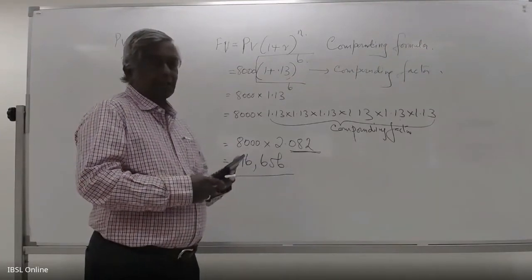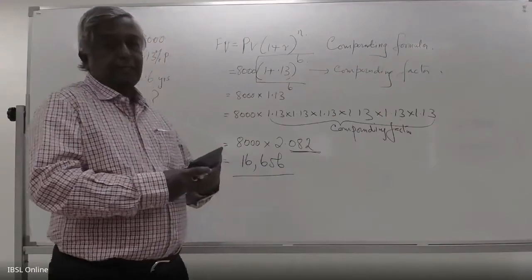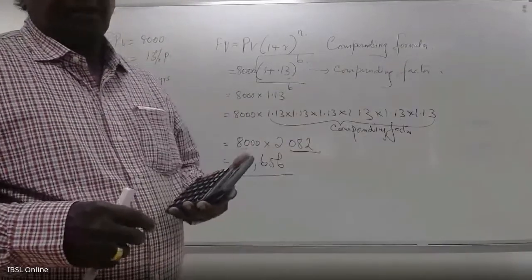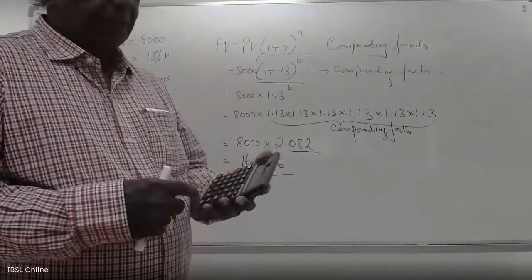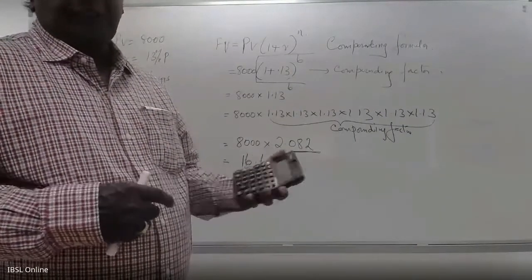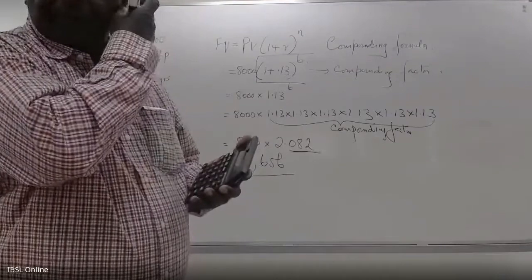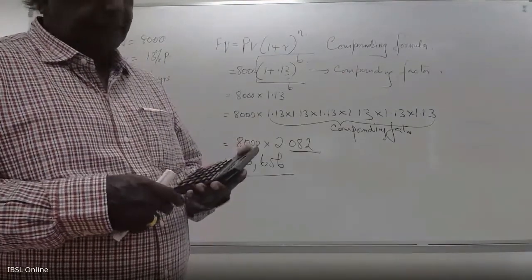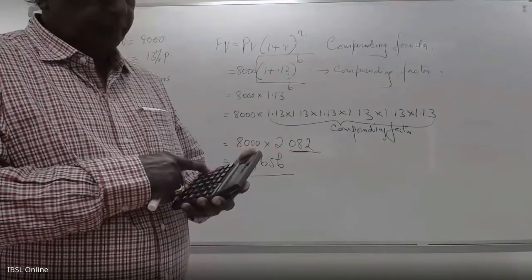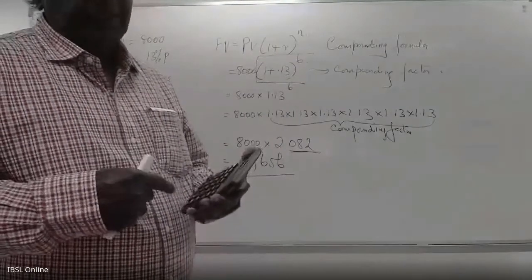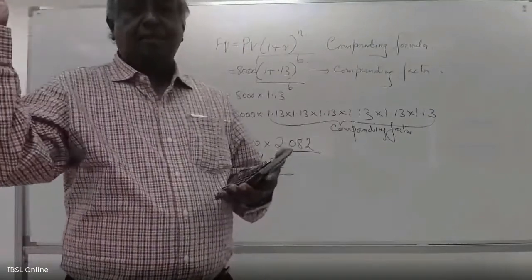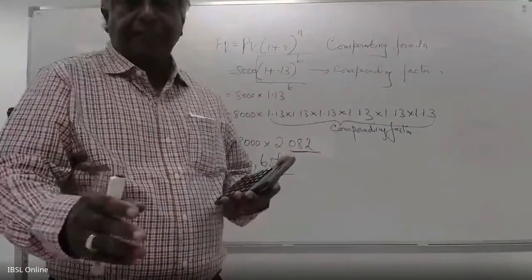So in exams, when there are any problems like this, use the calculator and do this calculation, better go for 3 decimals. In our papers, sometimes they give what the compounding factor is.